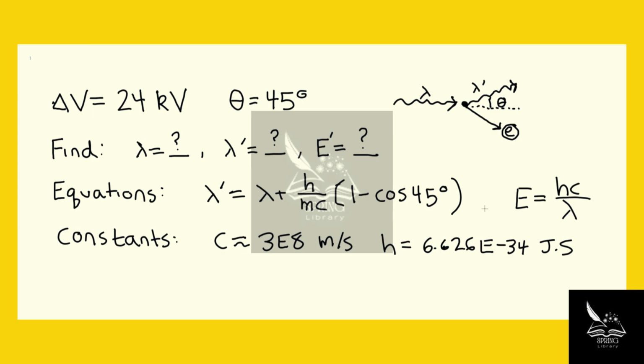The other equation we'll need is the energy of light in general, which we can write as E equals hc over lambda. So the energy of light is inversely proportional to its wavelength. We'll be making use of the speed of light and Planck's constant. In this case, I'm using Planck's constant in joules per second, not in electron volts. All right, let's get started.